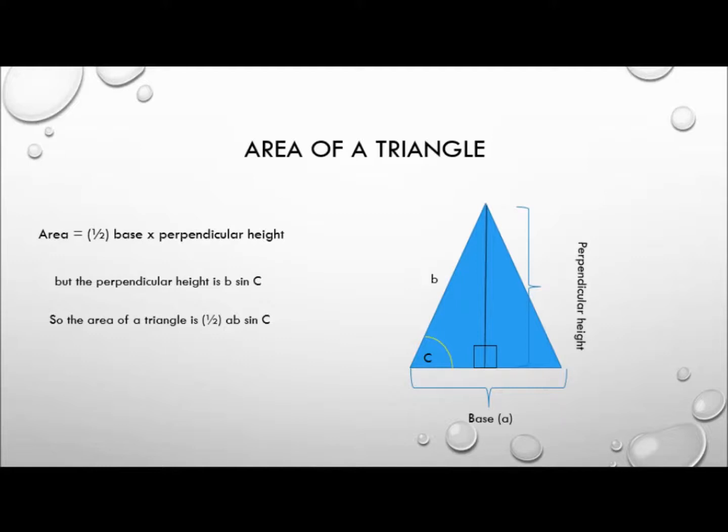So the area of this triangle is a half of side A times side B times the sine of C. So the area of any triangle is just a half ab sine C if we follow the convention that the length is opposite the angle of the same letter.